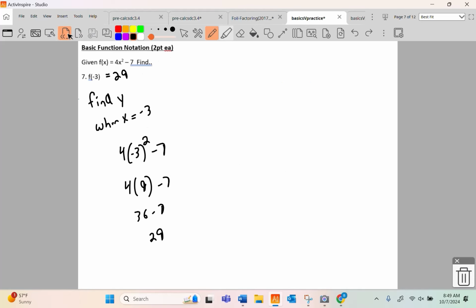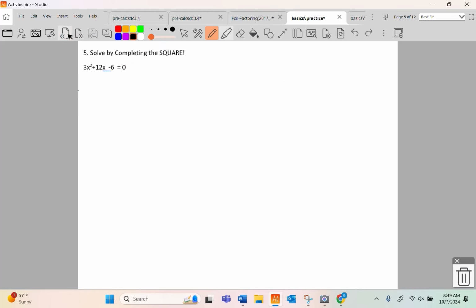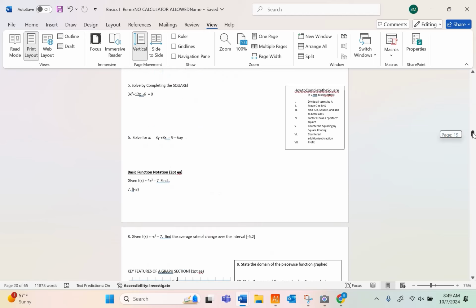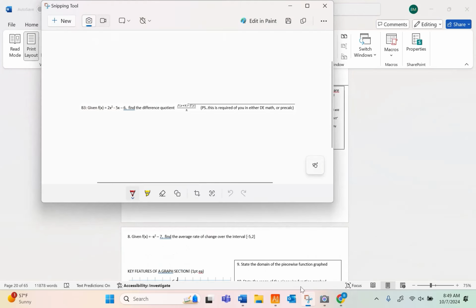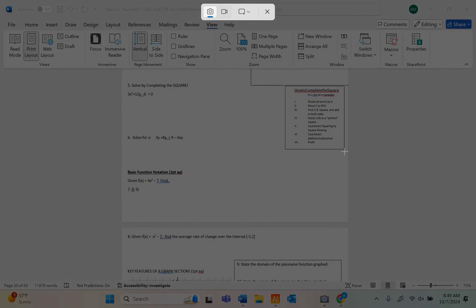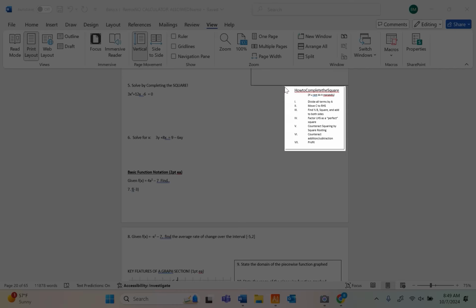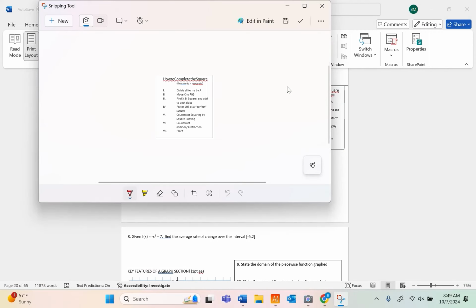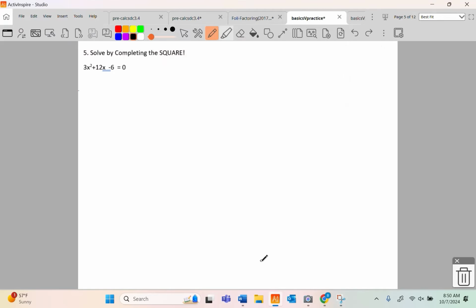Oh, going backwards, right? On to number 5, solve by completing the square. Now, you've got a set of instructions off to the side. I don't know why I didn't put them in notes. But this is how you complete the square if you can't do it in your head. I was taught to complete the square mentally. And this is really how you do it mentally, to some degree.